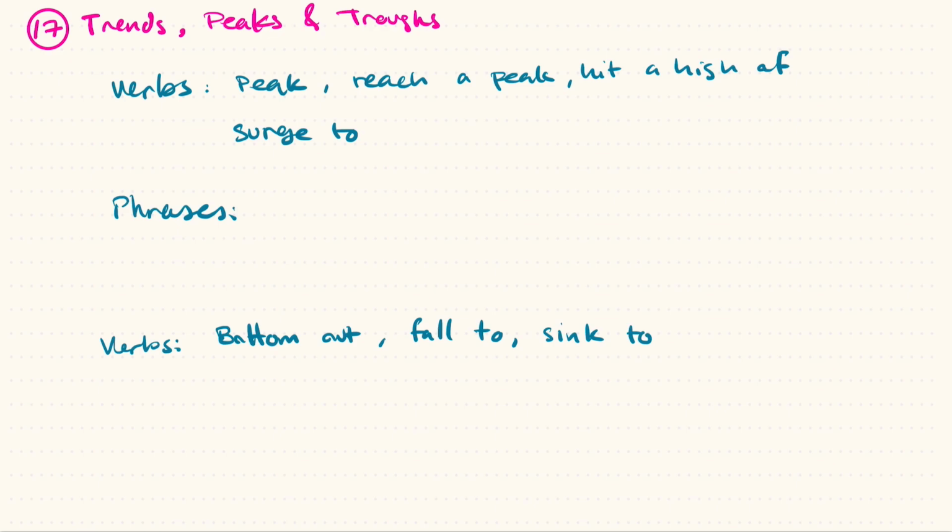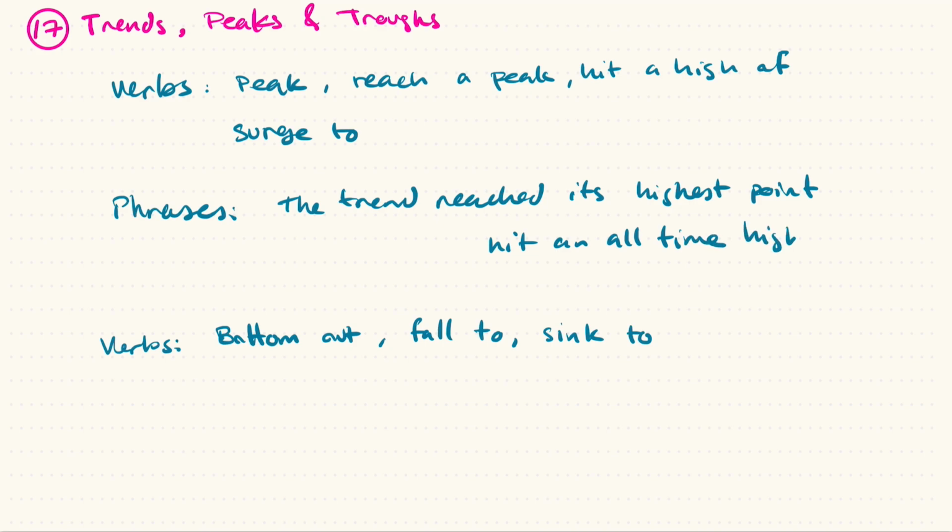And different phrases that you can use for this scenario when the trend has a maximum: you can write, for example, the trend reached a peak of, or reached its highest point of whatever that number is, or the trend, or the graph, or the value that you're looking at hit an all-time high.